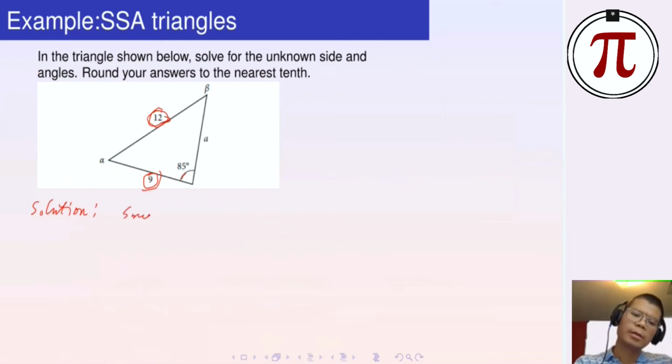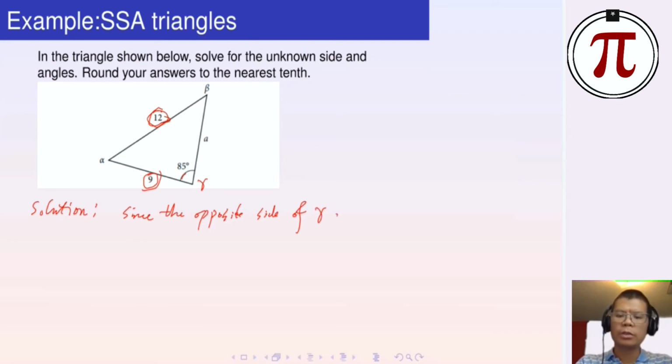It'd be a single triangle. Since the opposite side of the angle beta, this should be gamma, right? Of gamma is greater than the adjacent side.